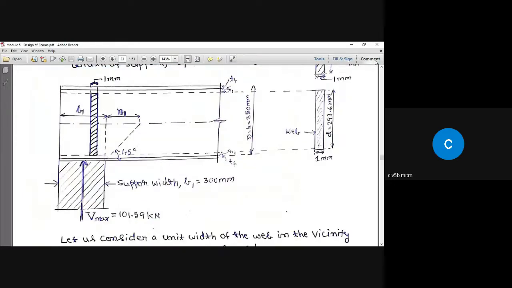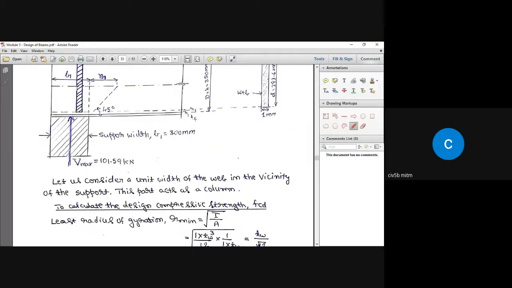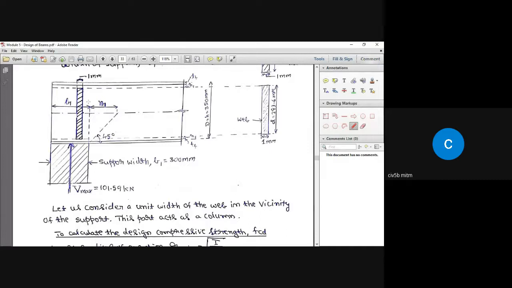Okay. So for that, what we do is this web acts as a column, this web portion, and this is the load distribution or dispersion line of the load.